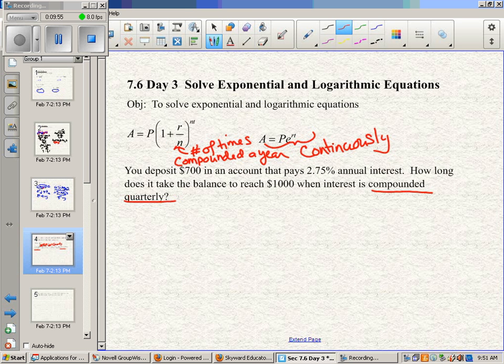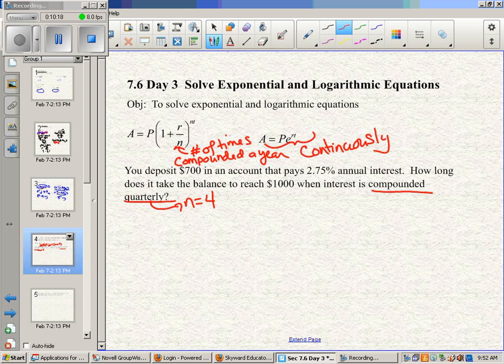The compounding is how many times they actually run your money through this formula. That's our 4, or our n. So when it says annual interest, that does not mean you're going to use a 1. It's how many times you compound it a year. That's your n. Okay, so we know n is 4.